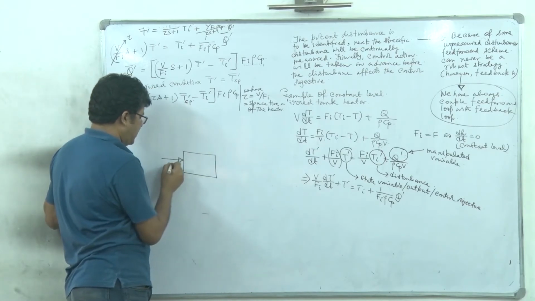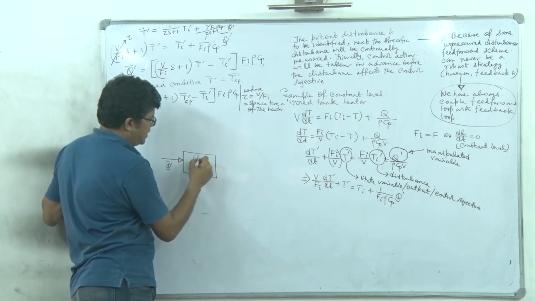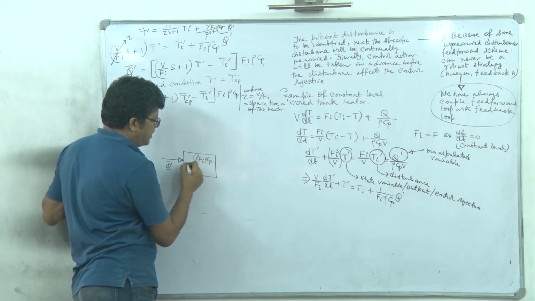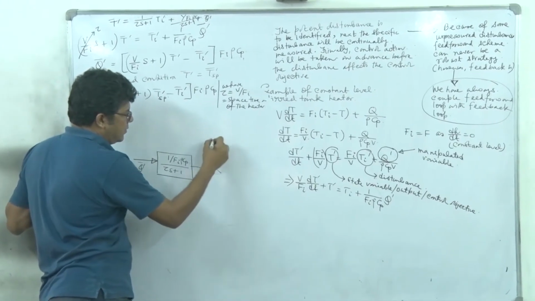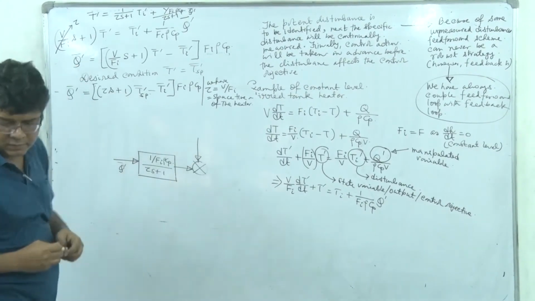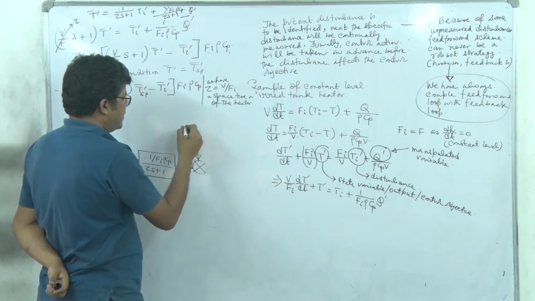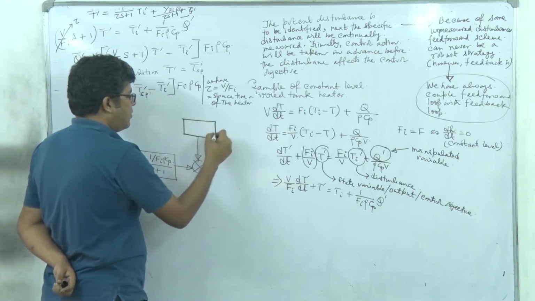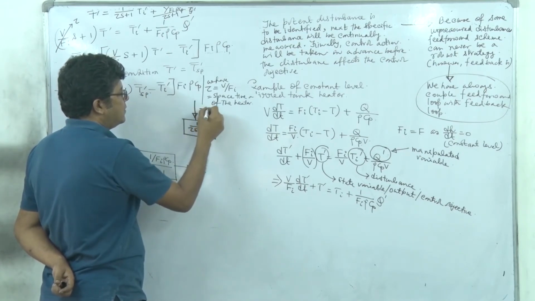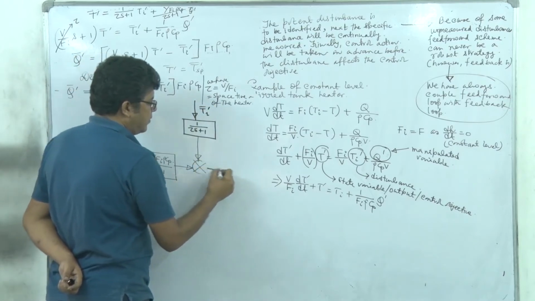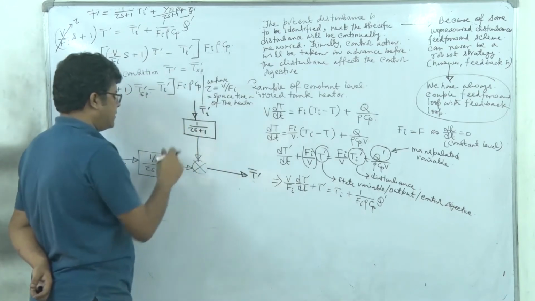Here we have q prime bar and the transfer function is (1 divided by Fi rho Cp) divided by (tau s plus 1), being added with the disturbance block. For the disturbance block we have 1 divided by (tau s plus 1), and that is Ti prime bar, producing the output, that is T prime bar, right. So that's the open loop.